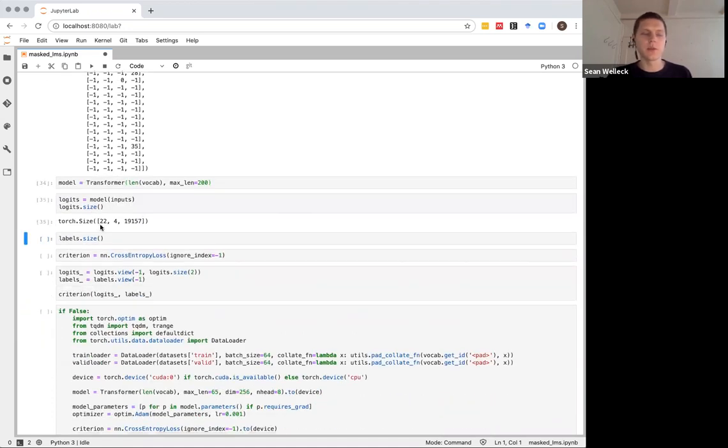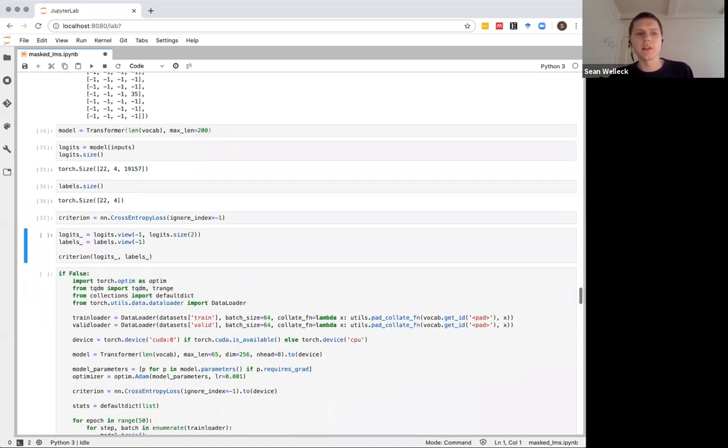And just to make sure we understand what's going on, you can see that you get the sequence length here and the batch size here. And for each element, it's not a distribution yet because we haven't taken softmax, but you're getting a number for every word in this 19,000 size vocabulary.